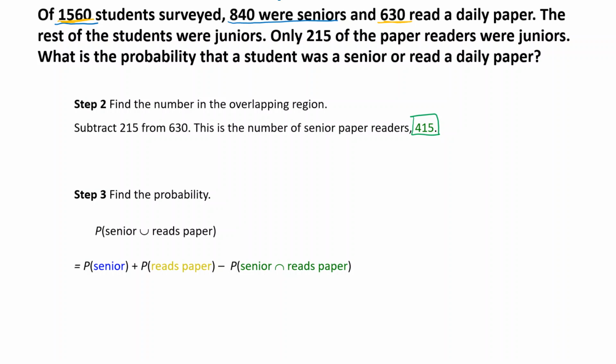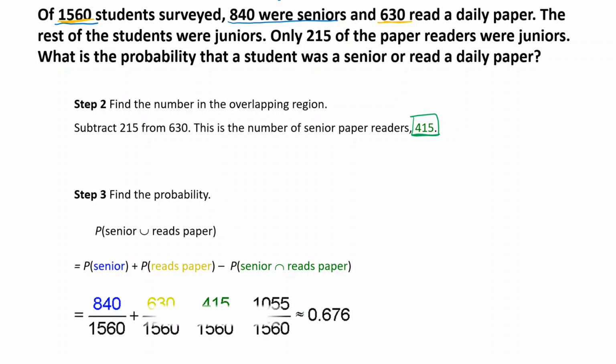And finally, our seniors that read papers is 415 out of 1,560. So putting that all in, we come to the conclusion that the probability that the student was a senior or read the daily paper is about 67.6%.